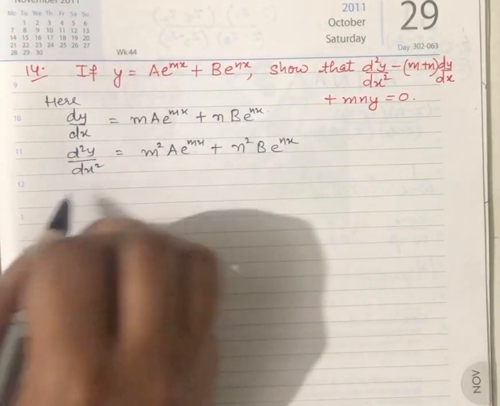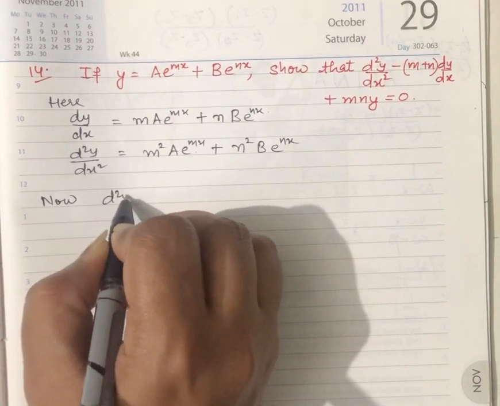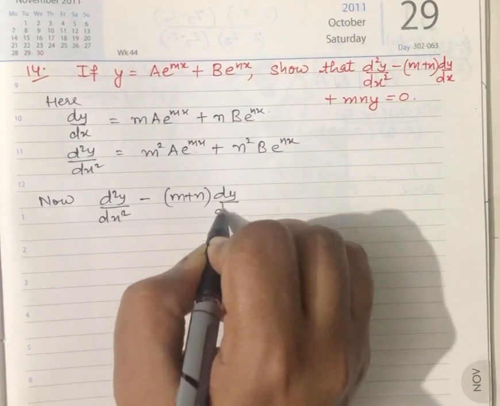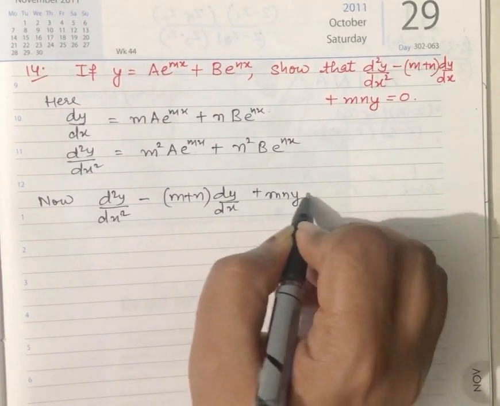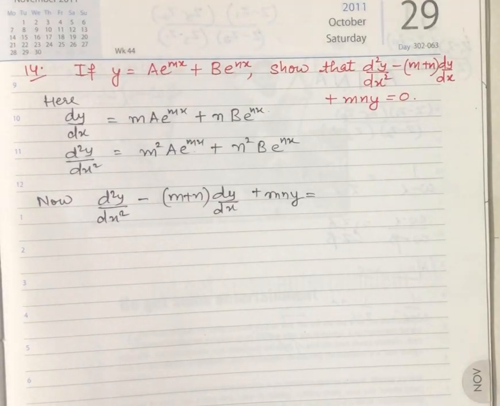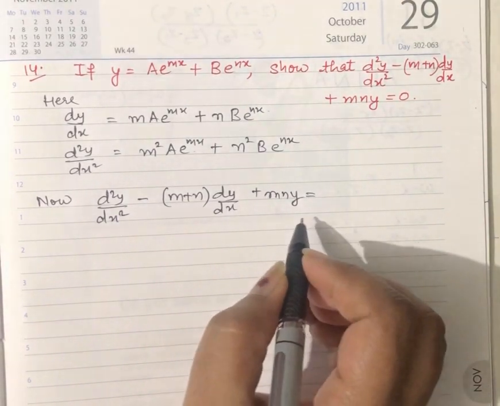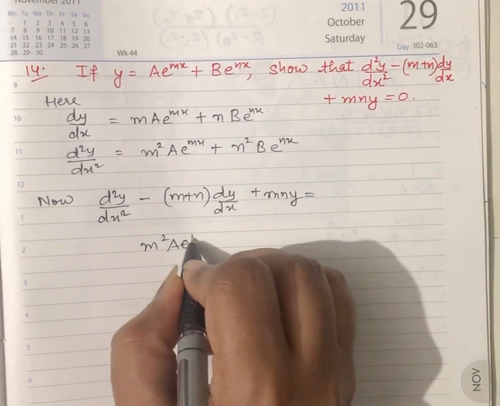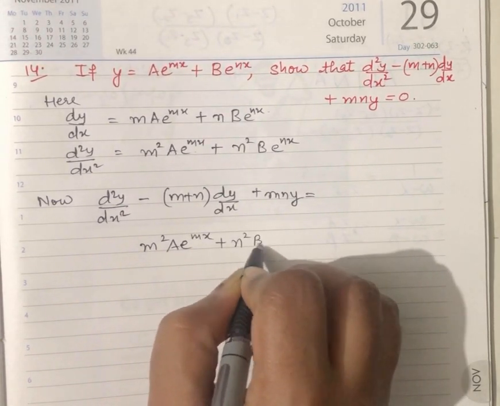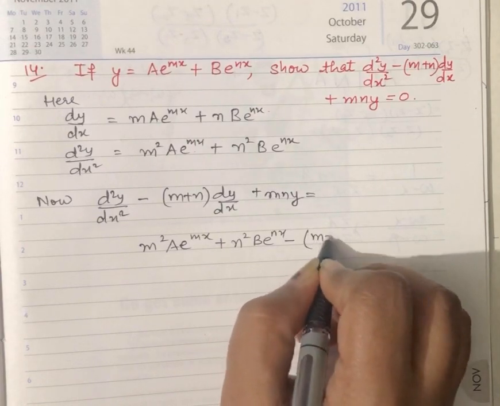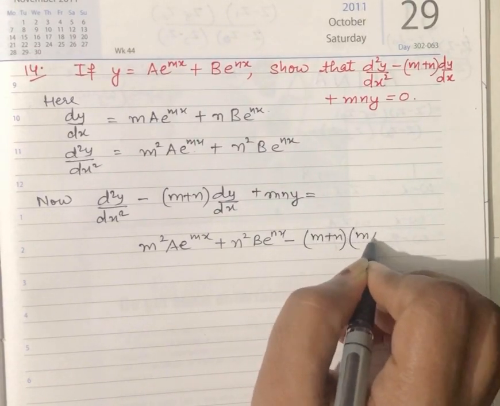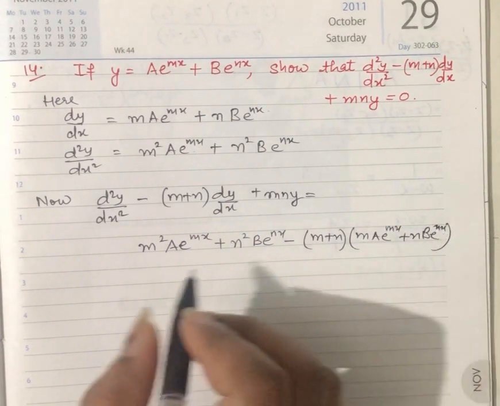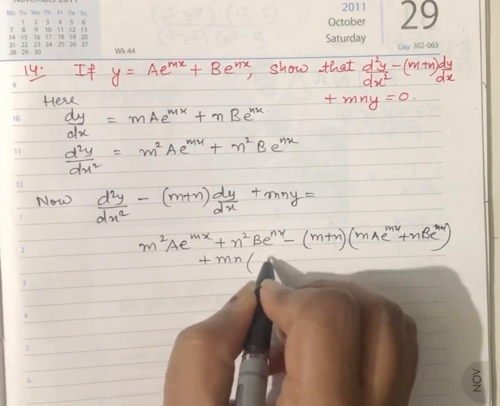Now d square y by dx square minus m plus n dy by dx plus mny, this value is equal to, put the value of d square y by dx square, then minus m plus n dy by dx, then plus mn and value of y.